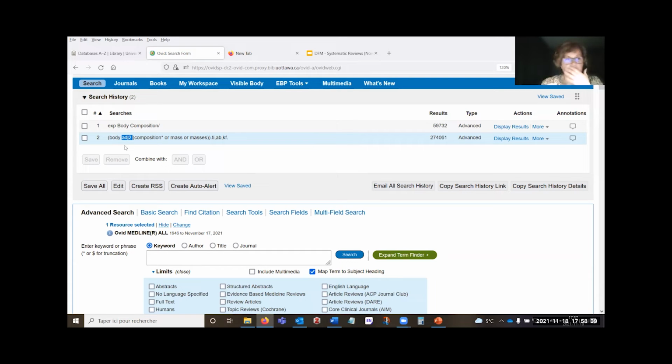So for example, if in the abstract of an article they say composition of the body, it will be picked up. All of these things, these ADJ, are things that I think about with the research team. You can think about it: is it 2, is it 3 or more, or do we want an exact expression?